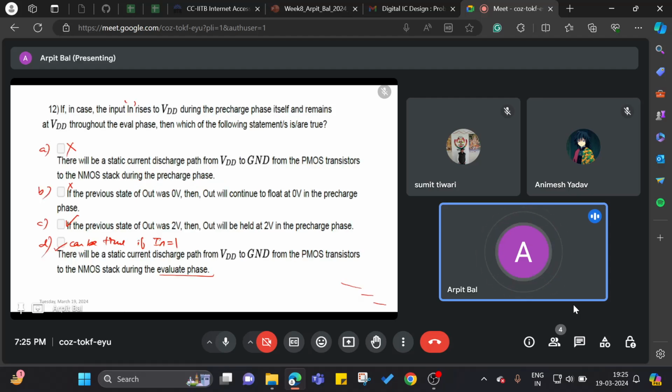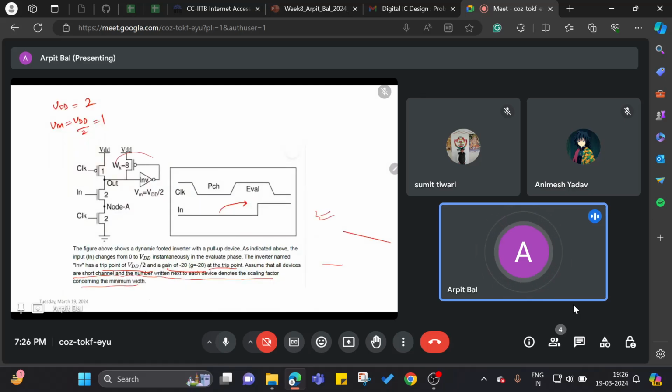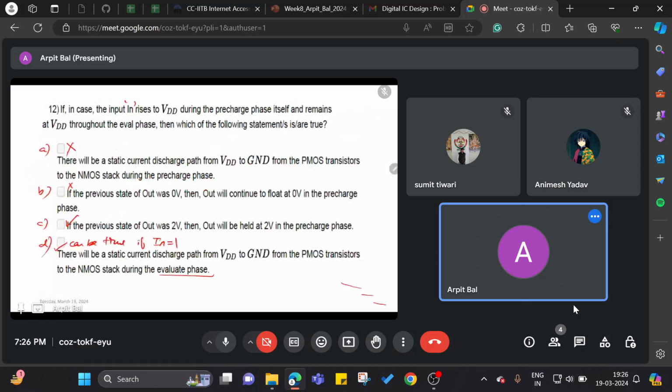Then the question related to the pre-charge and the evaluation phase. We know that there won't be any static current discharge from VDD to ground when the pre-charge phase is on. So the first statement is wrong. The second statement is wrong because we have this PMOS present, which will avoid any kind of floating gate condition.